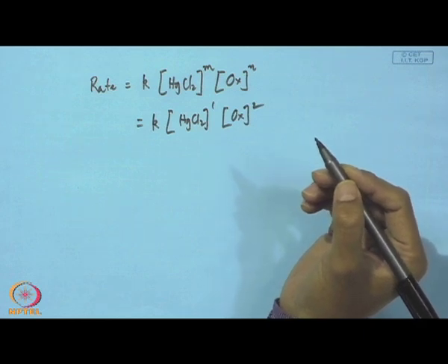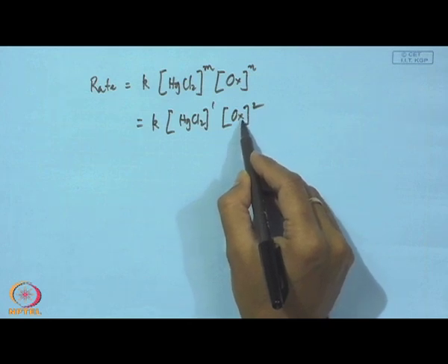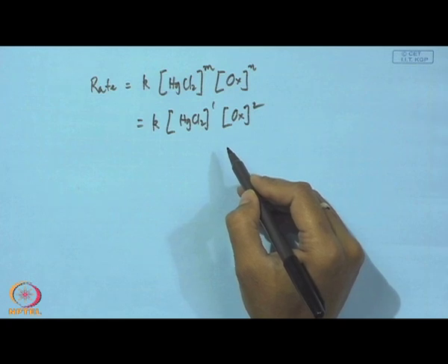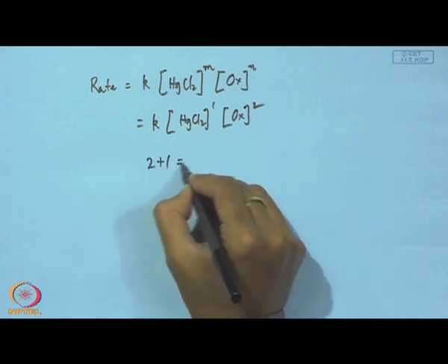Okay. So, it is first order with respect to mercury chloride and second order with respect to oxalate. Therefore, what is the overall order? Overall order is 2 plus 1, which is equal to 3.